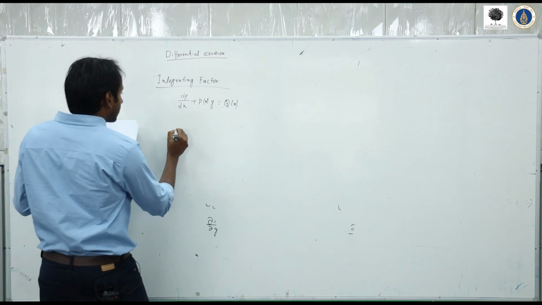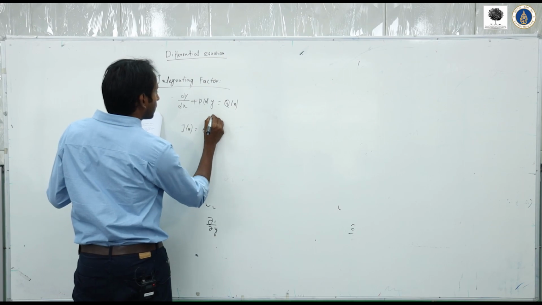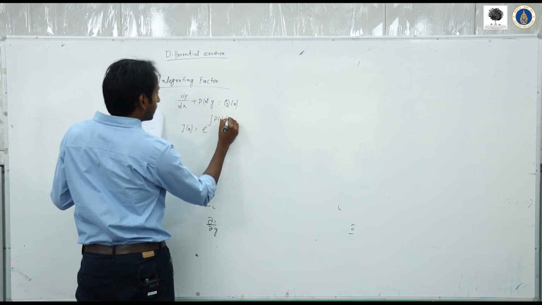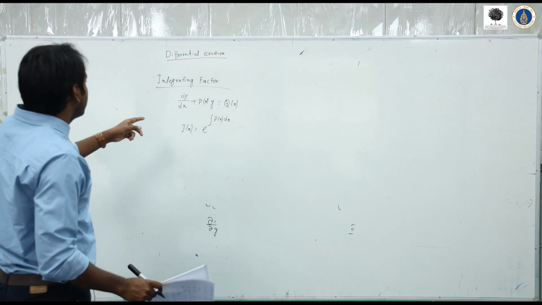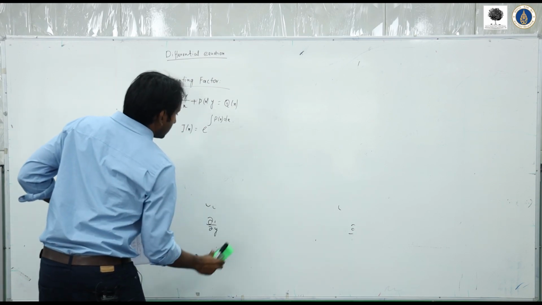Then you can find a factor, I(x), which looks like e to the power integral p(x) dx, and you can multiply both sides of this differential equation by e to the power integral p(x) dx.